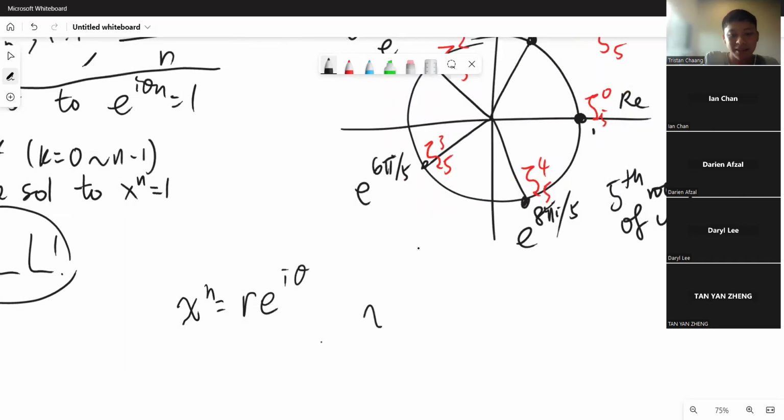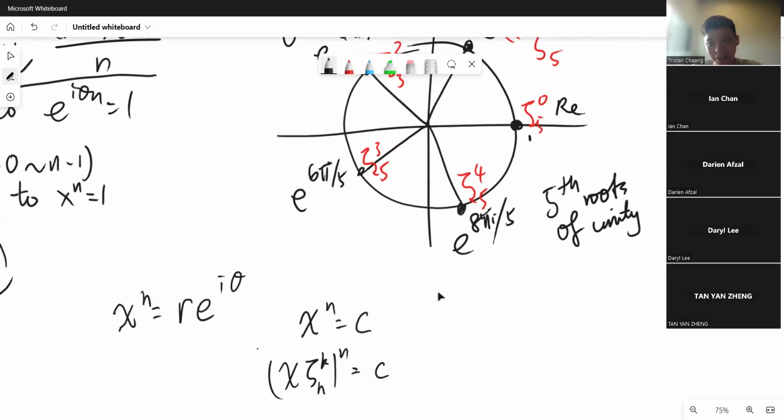Because if x to the n equals c, then x times zeta n to any power, to the power of n, is also c, because zeta n to the n is equal to 1. So after you find one, you just multiply by the n roots of unity, and you get all n of them.